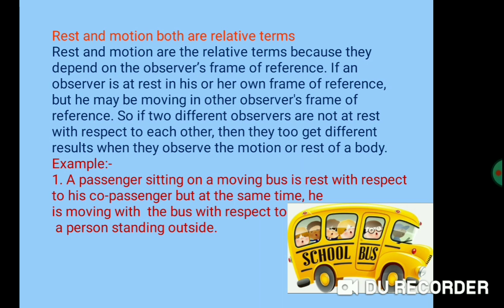But at the same time, we all are moving with the bus with respect to a person standing outside, like trees, buildings, or a person who is outside the bus. With respect to all this frame of reference, we can say that we all are in motion.